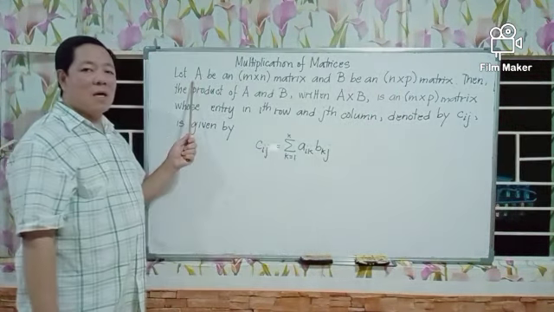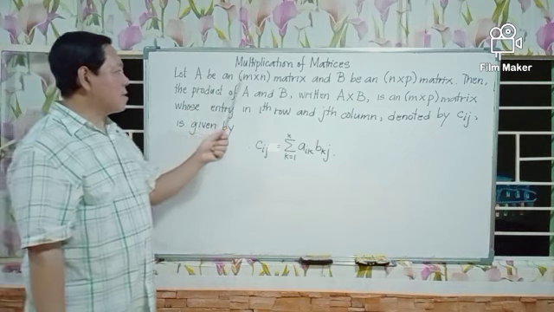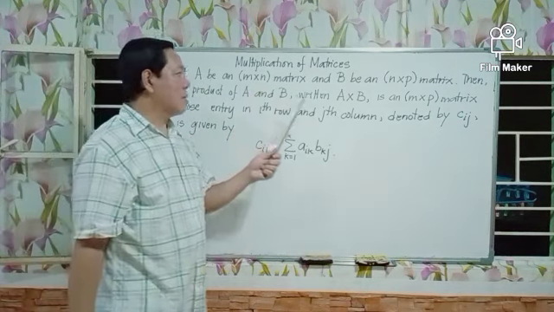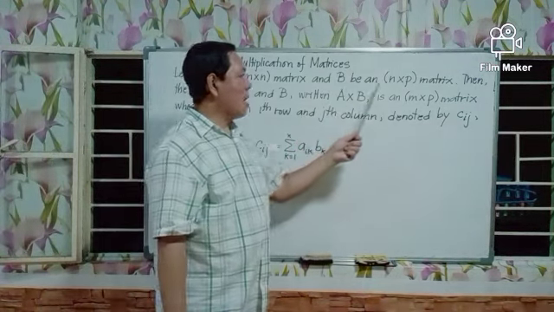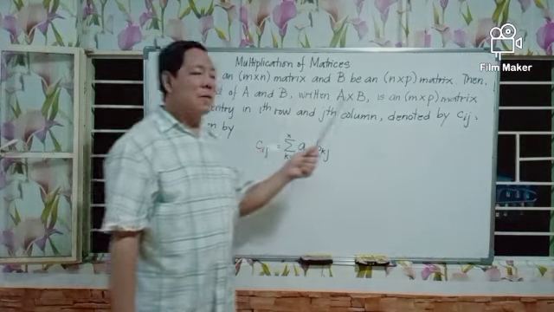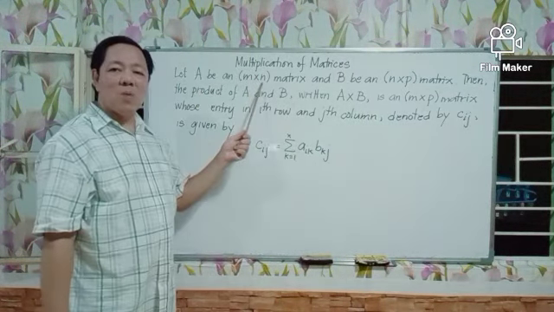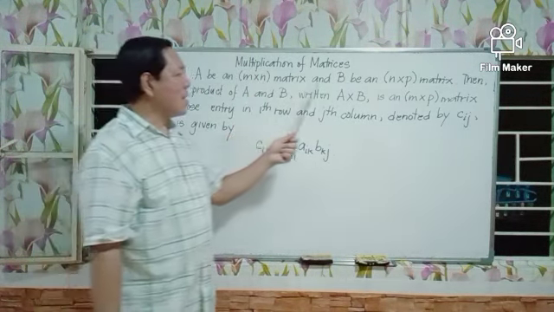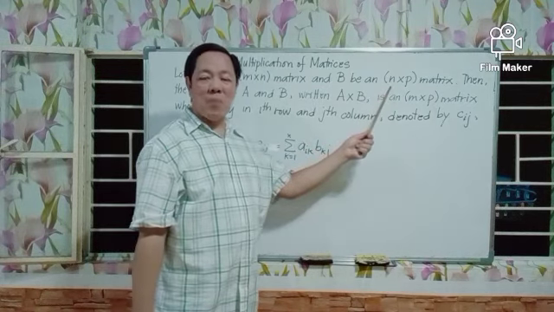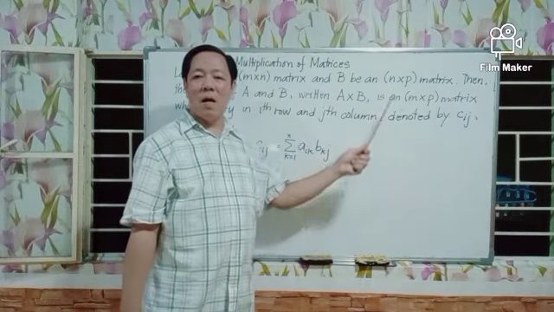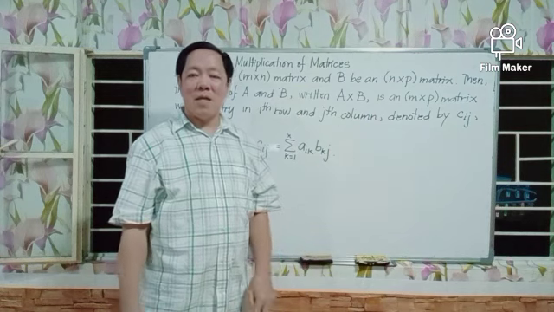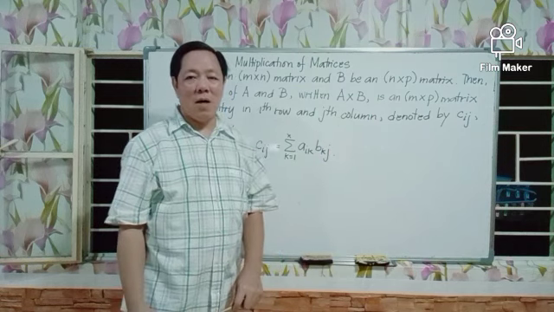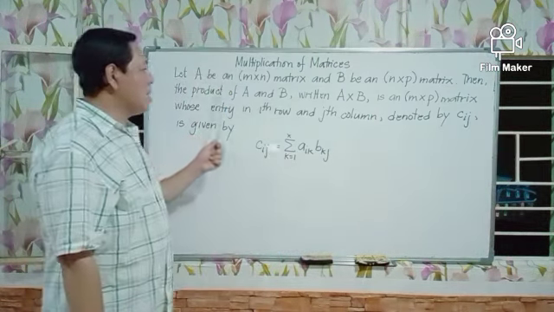Now you notice that A has n columns and B has n rows. That is, the number of columns of matrix A and the number of rows of matrix B are equal. And that is the condition for the product of two matrices A and B.